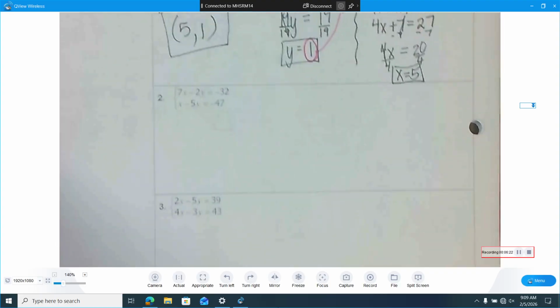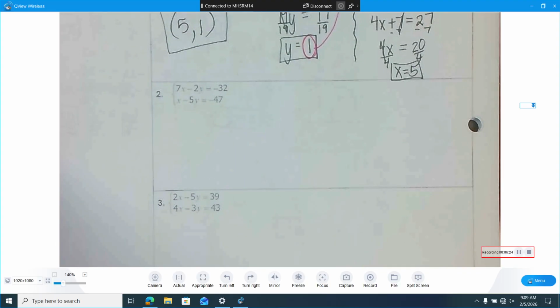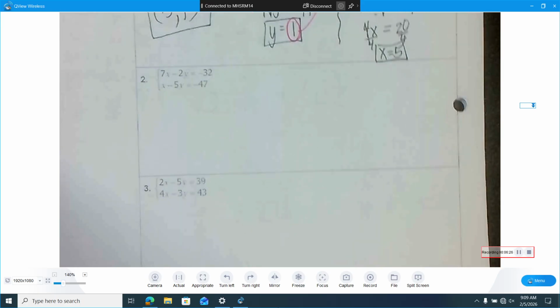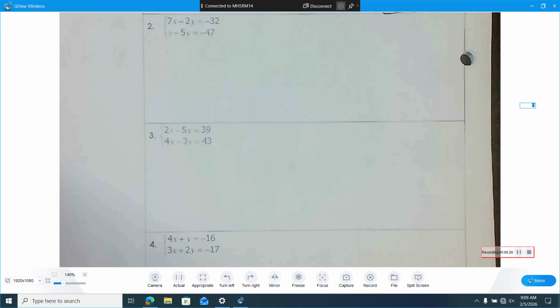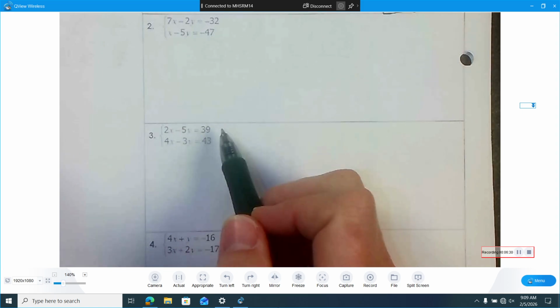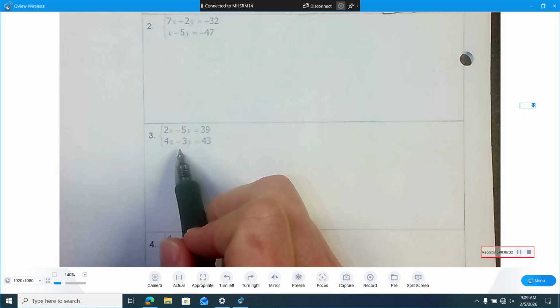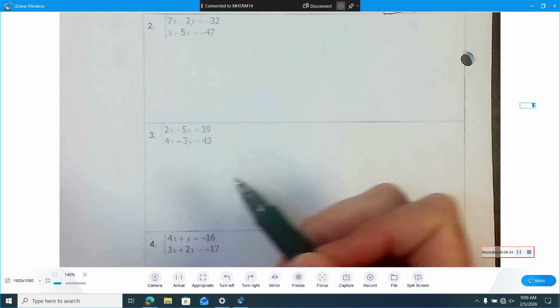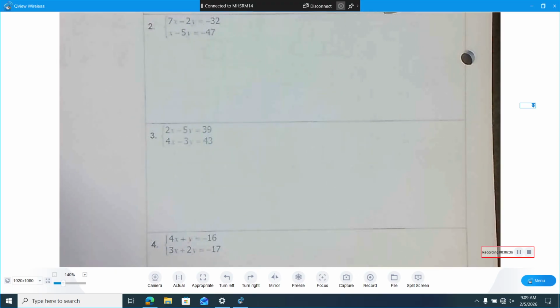Let's look at number 3. I have a 2x minus 5y equals 39 and a 4x minus 3y equals 43. Do you see any friendly sort of numbers? I don't have opposites, that's for sure.